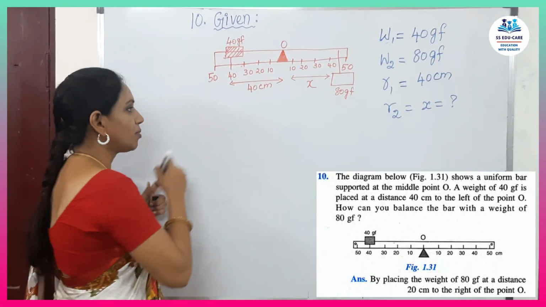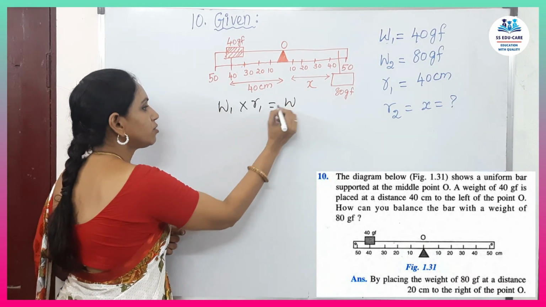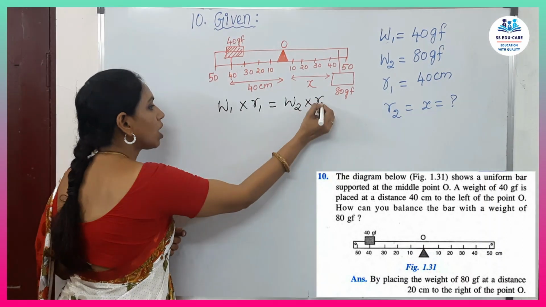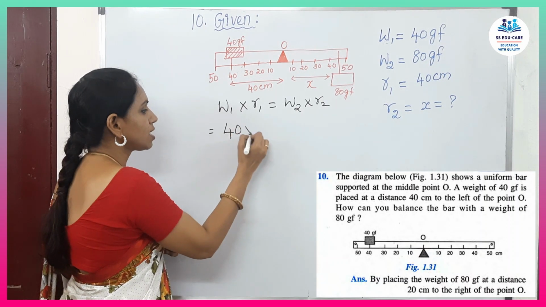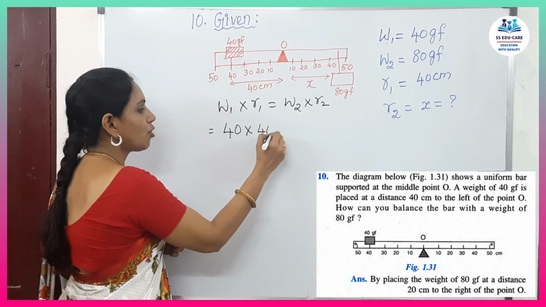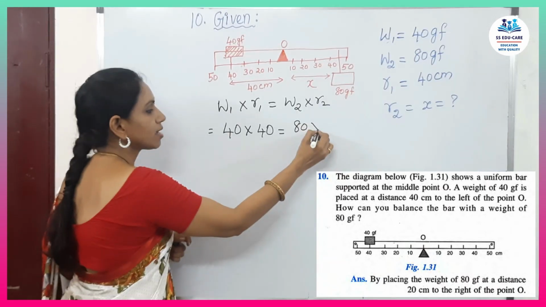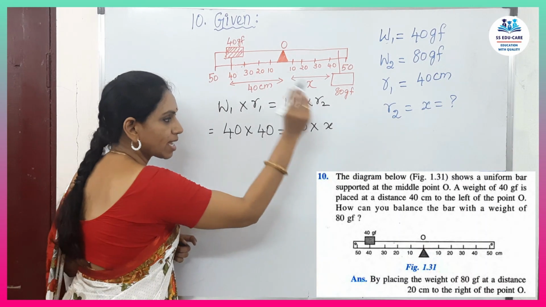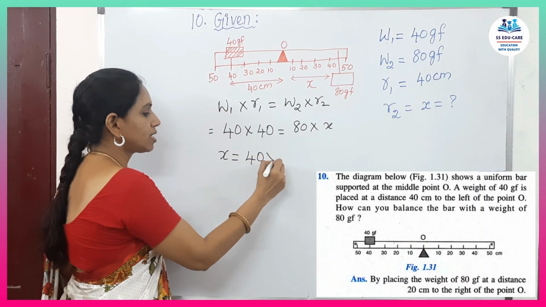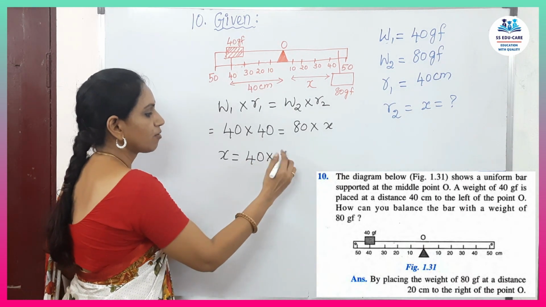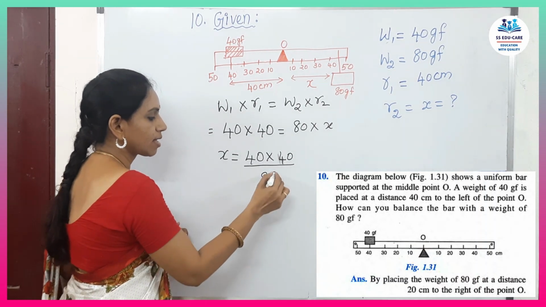According to principle of moments, W1 into R1 is equal to W2 into R2. What is W1? 40 into R1 is 40, which is equal to, what is W2? 80 into R2 is X, we should find out. So X is equal to 40 into 40 divided by 80.